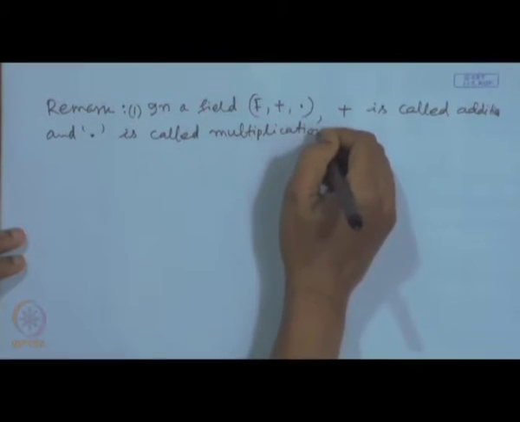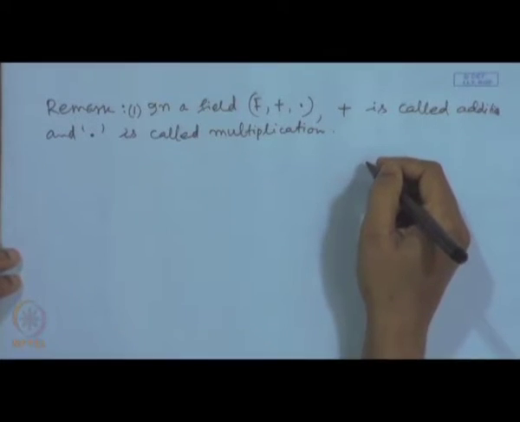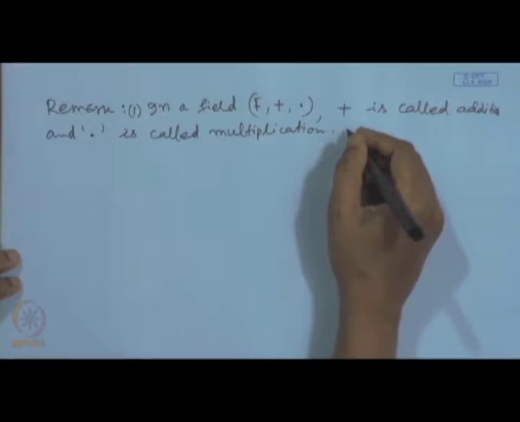Of course, they are not necessarily the addition and multiplication operations on the set of real numbers. These plus and dot symbols just represent two binary operations, and their names have been given as addition and multiplication. They need not be the usual addition and multiplication operations on the set of real numbers. They may be any binary operation. So, we will see examples later.